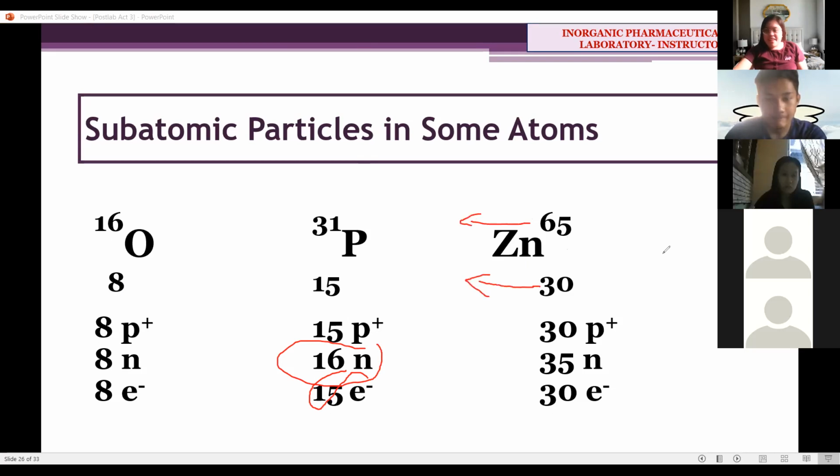So 30 protons from the atomic number. This one is also the same thing, since it has no charge. And 65 minus 30 is the neutrons. So that's how we predict the number of electrons, protons, and neutrons.